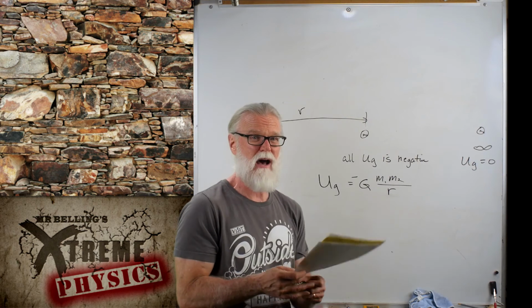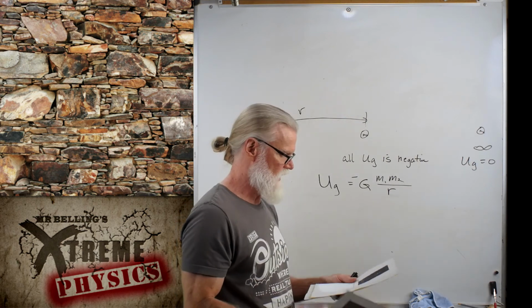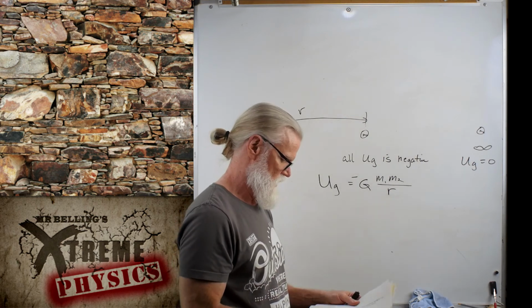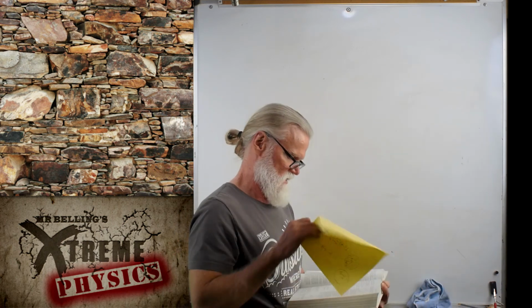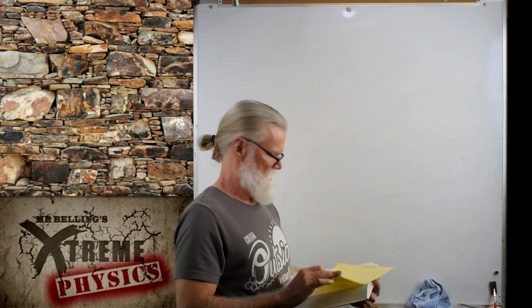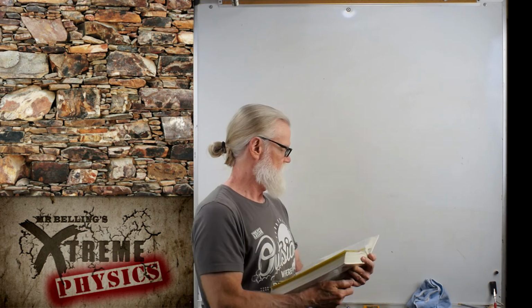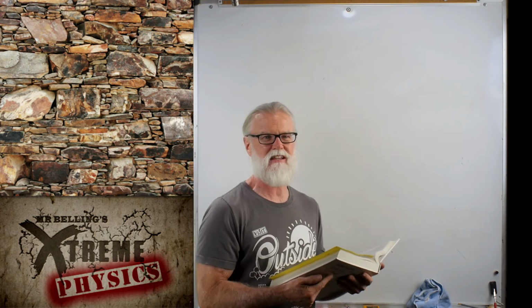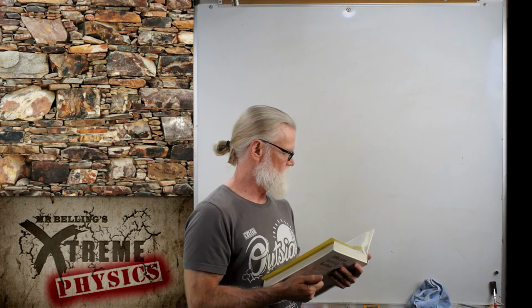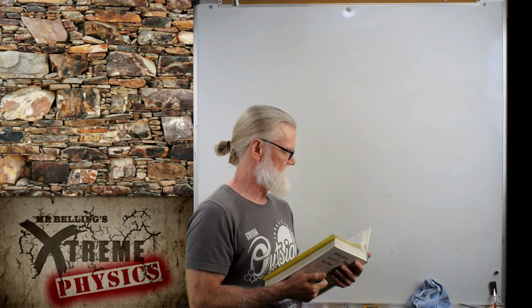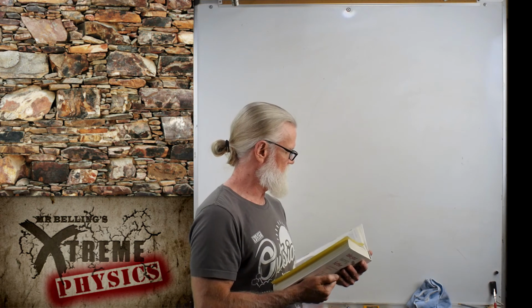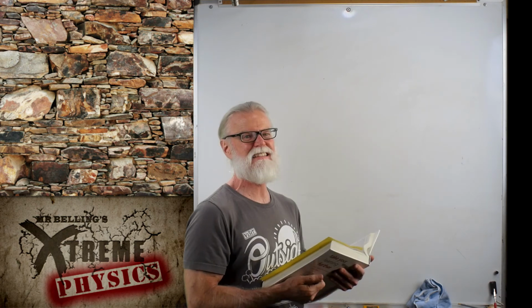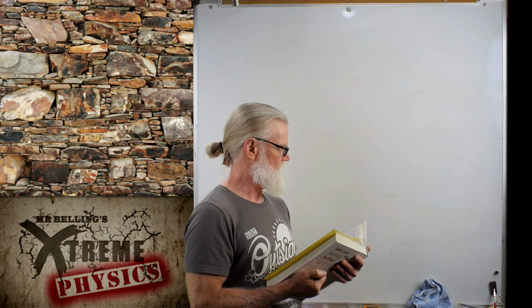So why don't we try a problem where we use that. In our book, they had a question. Okay, this is question 41 in your textbook. Two Jupiter-sized planets are released from rest 1.0 times 10 to the 11th meters apart. What are their speeds as they crash together?